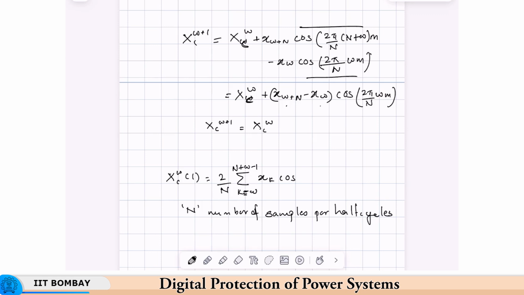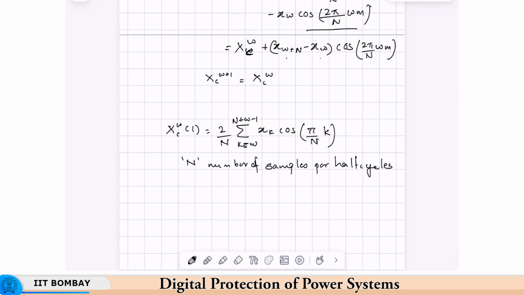That is why we are able to use the same indexes, but since it is a half cycle, it will be only pi by n into k instead of 2 pi by n into k. So, if we expand this, similar to the earlier treatment, there is nothing different that is happening here.